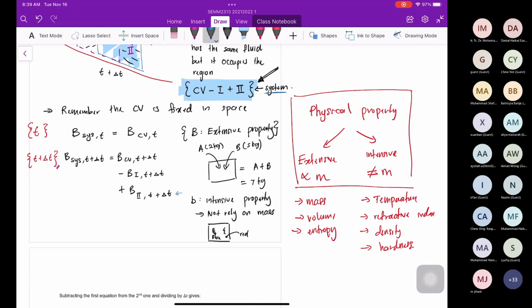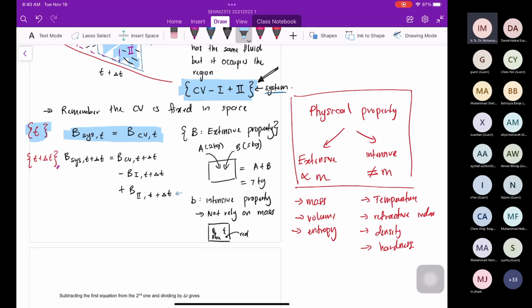Yes, Doctor. So it is the same, we just include the extensive property, but the time is now different. This is at time t. They coincide, right? That is at the beginning.